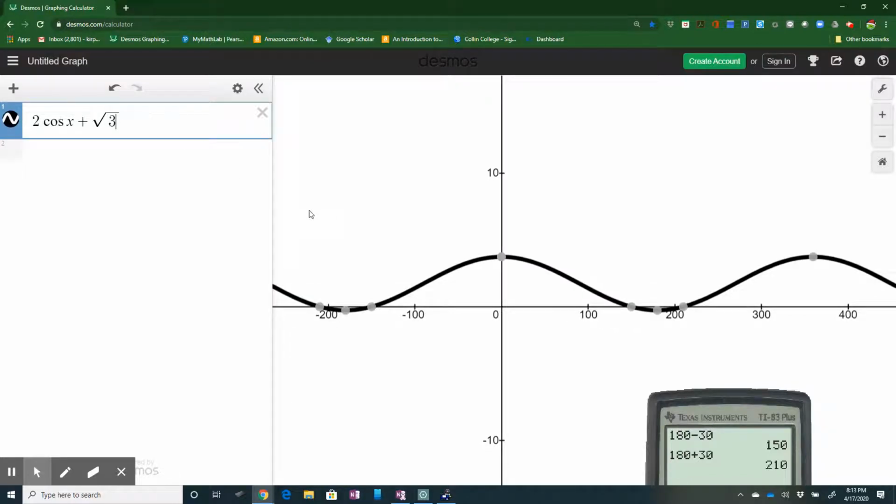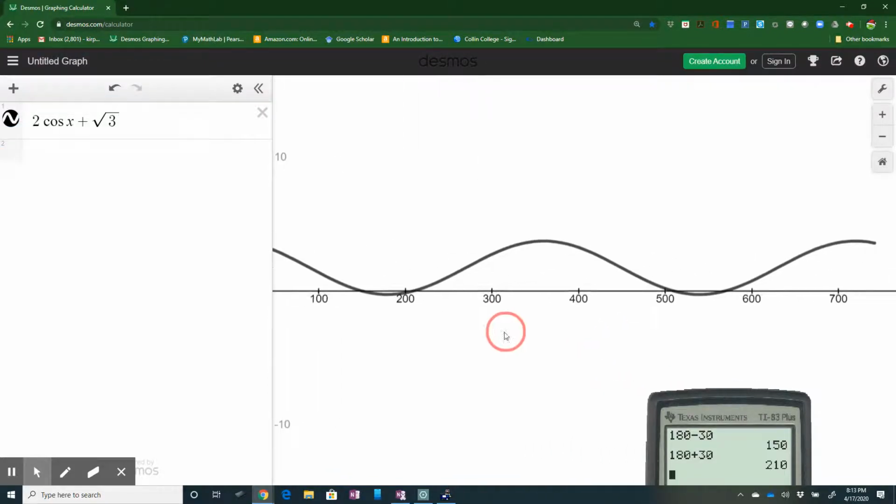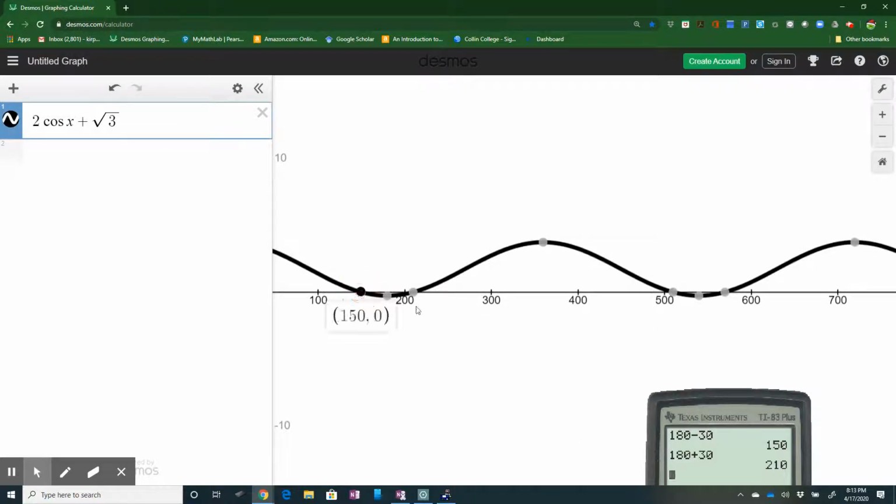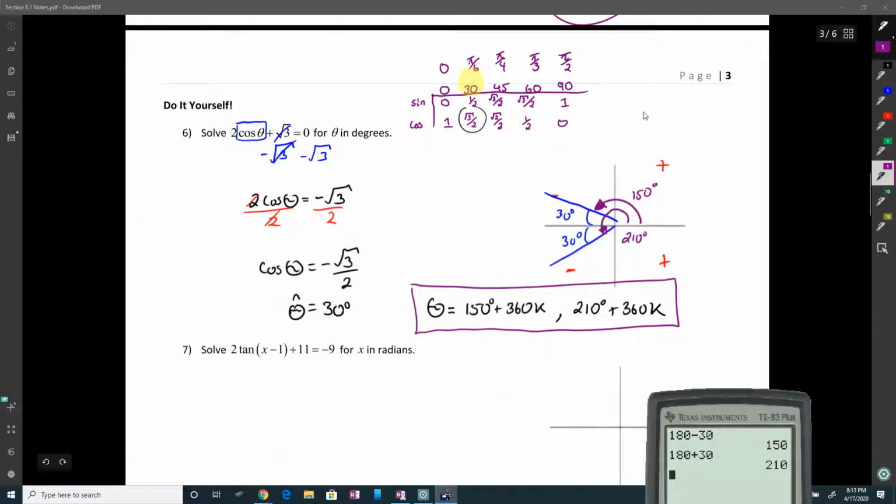Here's my equation, and then you can see where it crosses. 150, 210. And then from there, every 360 degrees, you add 360, so 150 plus 360 would be 510. 210 plus 360 would be 570. Excuse me. Anyway, next one.